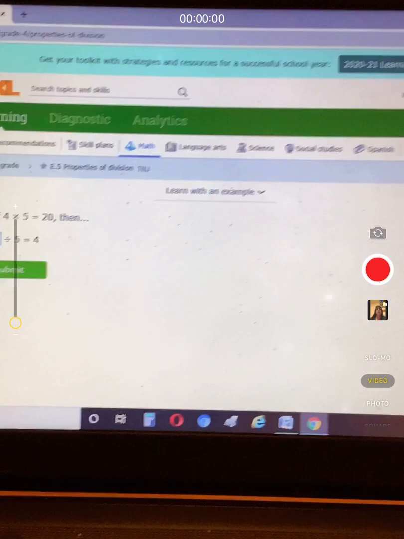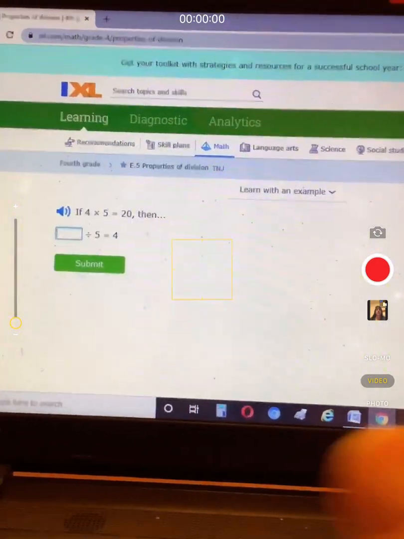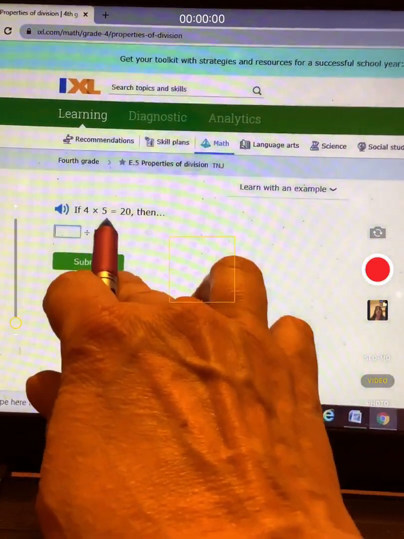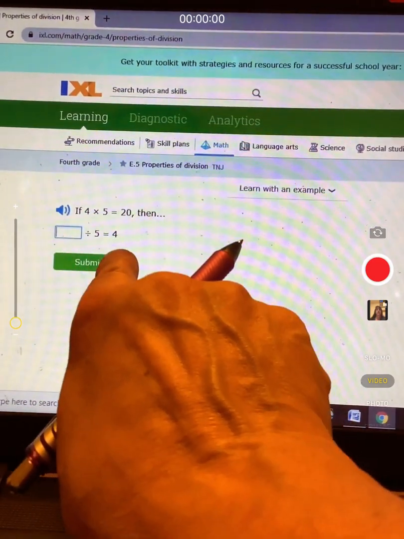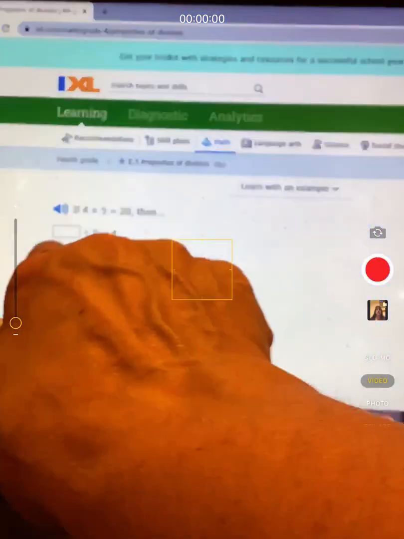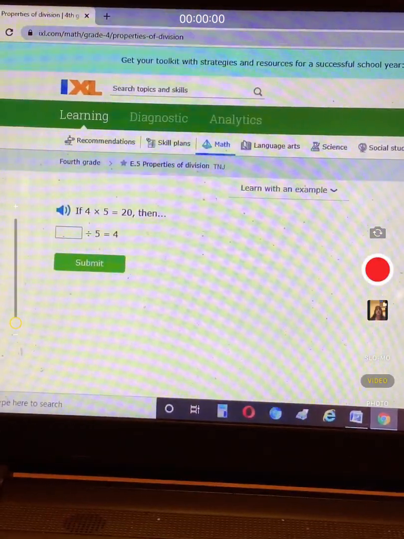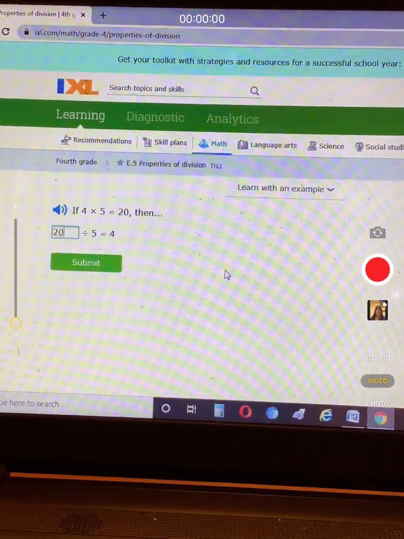Okay, so here's that if then. Okay, if 4 times 5 equals 20. Now look, they already put the 5 and the 4 down there. So all we have to do is put the 20 in there. You use the same numbers that they have, okay?